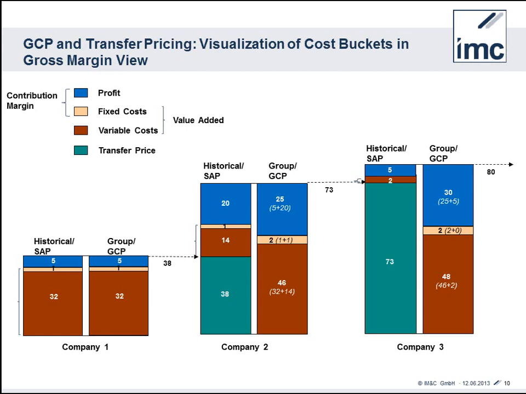So I think this is relatively intuitive, I suppose, for people who are familiar with this kind of transactions. Then what happens? Of course, we have another intercompany sale from company 2 to company 3, and here again we actually see the contribution, we see that the transfer price becomes historically the biggest element, and we then carry on with this type of calculation.